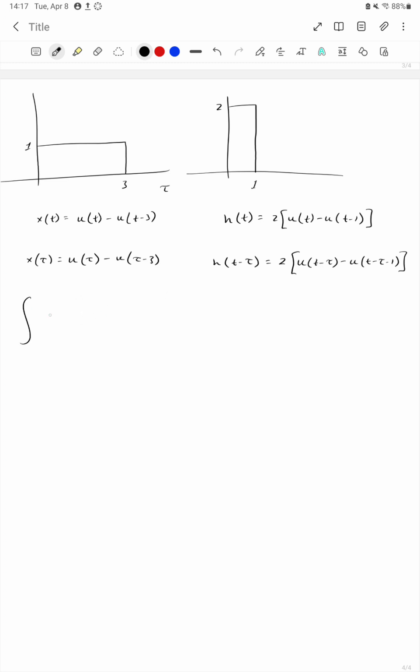Well, let's do this like this, because we're going to have to FOIL this equation out. u of tau minus u of tau minus 3 times 2 times u of t minus tau minus u of t minus tau minus 1. Okay.